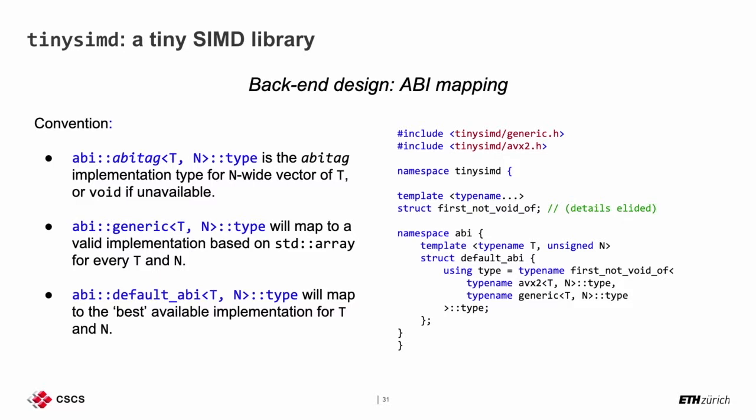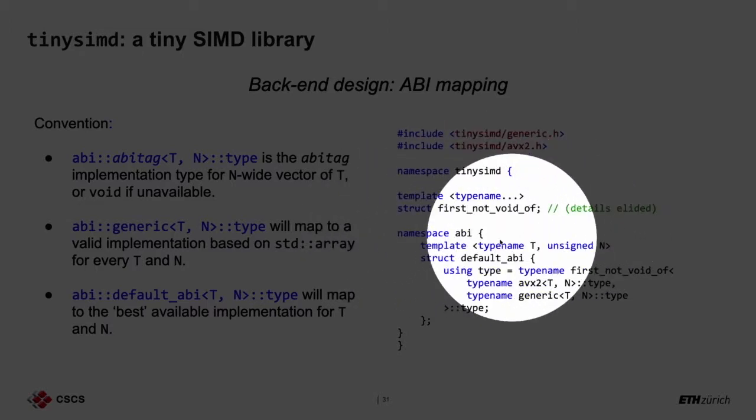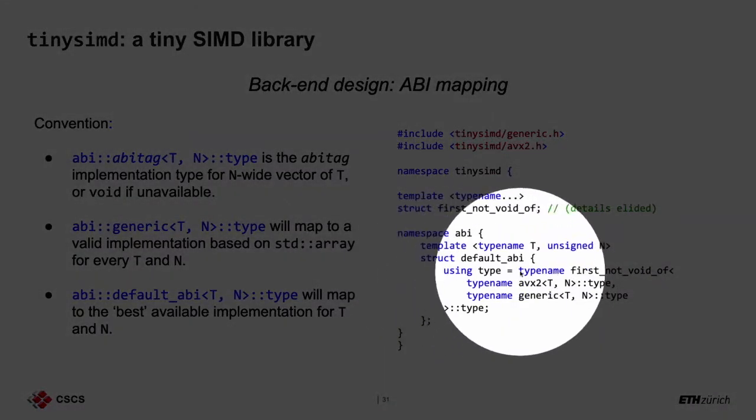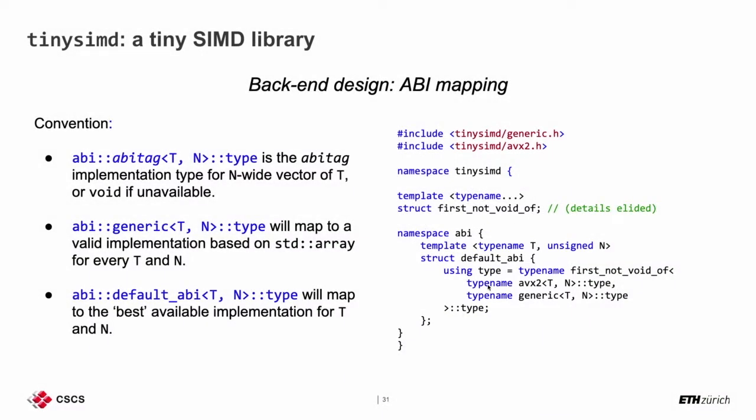You have to trust me that it's not too hard to write something like this, a first-not-void-of. You give it a bunch of types, it returns the first type back that wasn't void. With that in hand, something like default ABI is quite simple. We just take the first that's not void of AVX2's version of it, or the generic version. If we had more backends, we could put an AVX 512 in there as well, or whatever we like.